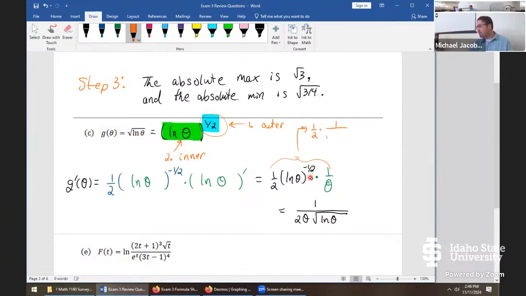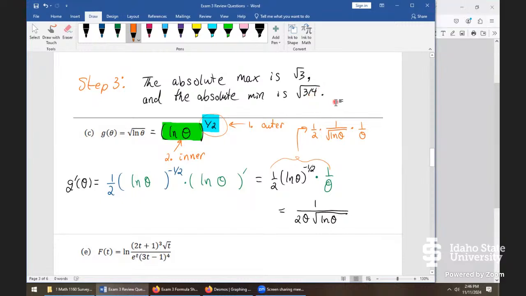So it's 1 over square root natural log theta. Then on the last step, it's times 1/theta. Essentially what happens now is all your denominators multiply together in that way, and we keep a 1 up top. Okay, thank you. Yep, absolutely. Thanks for asking about that.